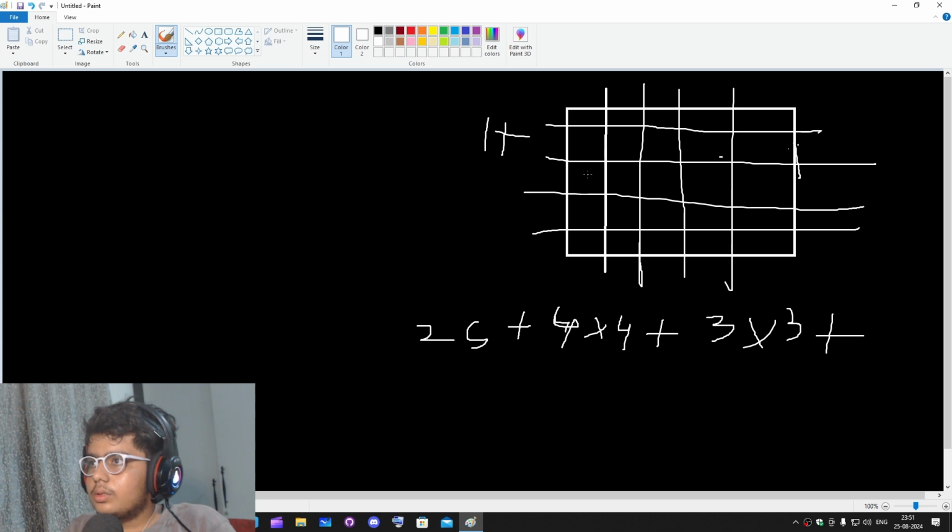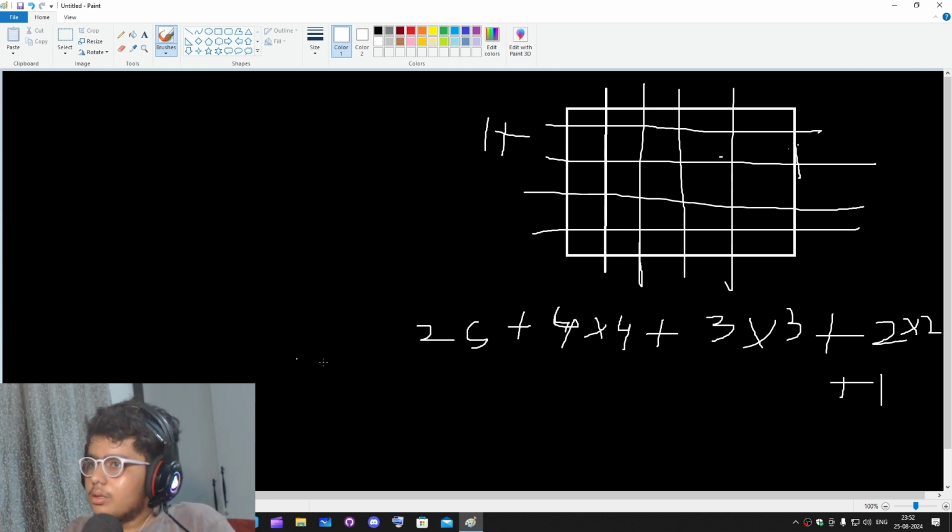Here in this one part, this part is left over, and in the second square this part will be left over, and for the third square this part will be left over, and for the fourth square this part will be left over. So this will also be 2 into 2, and the last square will be 1.